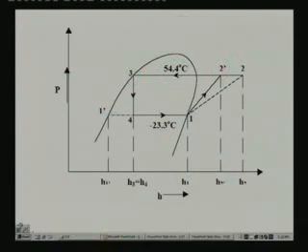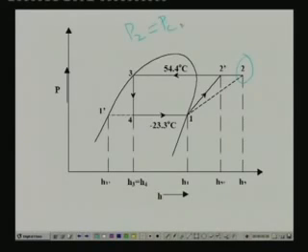Once you find the properties of point 2 dash, properties at point 2 can be obtained, because at point 2 we know that P2 is equal to PC, which is known to us, and H2 is the enthalpy at this point. Enthalpy at this point, from the expression of isentropic efficiency, is the inlet enthalpy plus H2 dash minus H1 divided by the isentropic efficiency of the compressor.